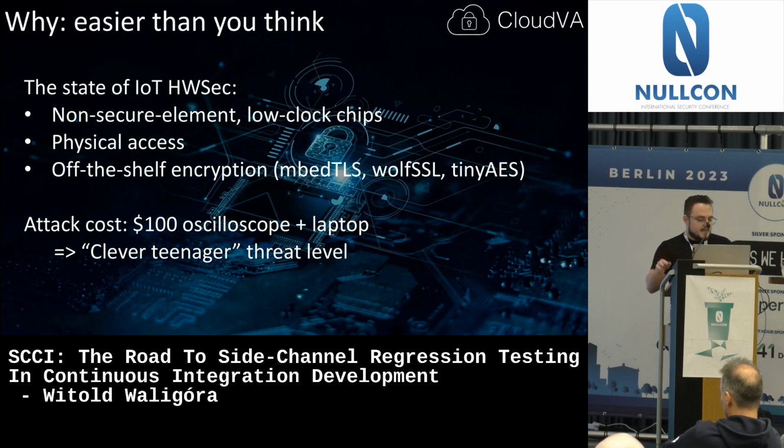But the estimated cost of attack on a typical IoT device deployed like that is about $100. So you pick up a PicoScope off of eBay for $80 and you have a laptop. So threat level, clever teenager with their lunch money, right? Pretty much that's the state of hardware security in IoT.